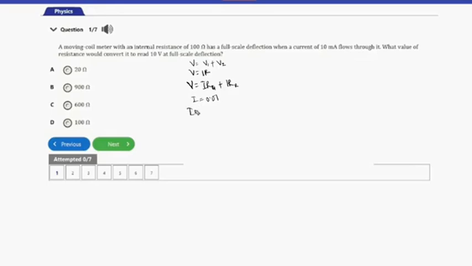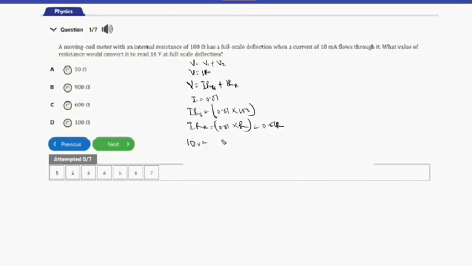So the IR for the moving coil meter is 0.01 times 100 ohms, plus the IR for the external resistance, and that's 0.01 times R, so 0.01 R.